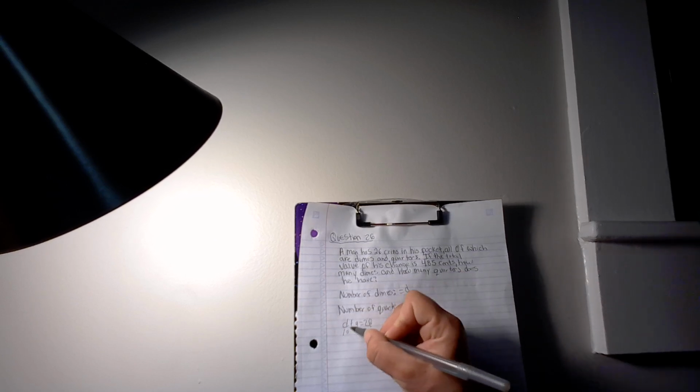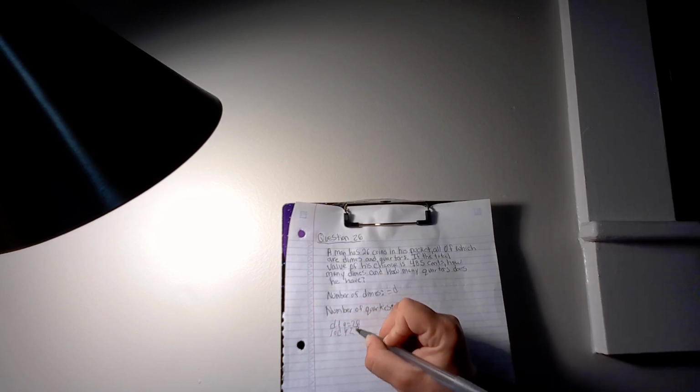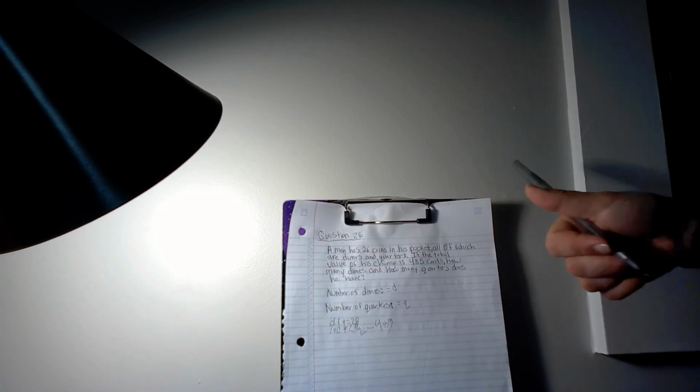The second equation we could make would be 10D plus 25Q, based on their value, would equal 485, which the total was. So that would be equation 2.